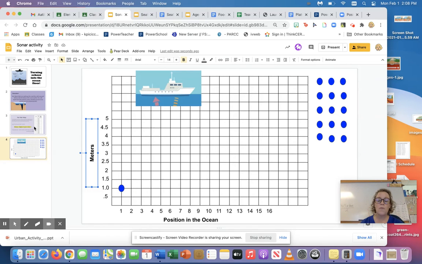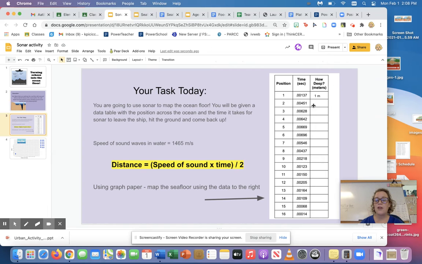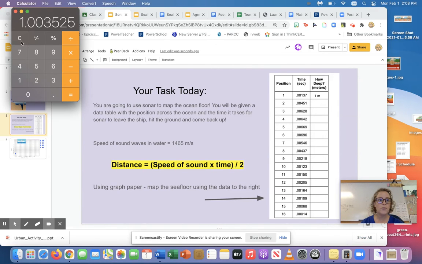Now I'm going to try another one and do the formula for position 2. The formula is the same. The speed of sound, 1465, times this tiny little number, 0.00451. You just have to be really careful with how you enter it. And then everything divided by 2.